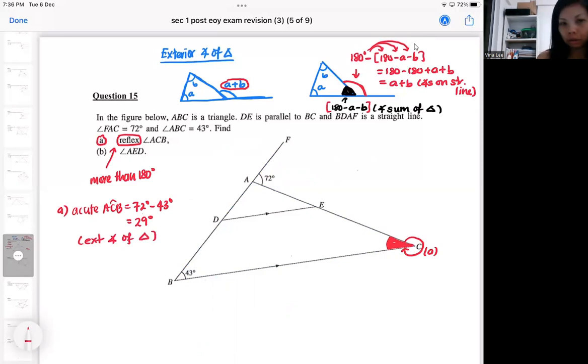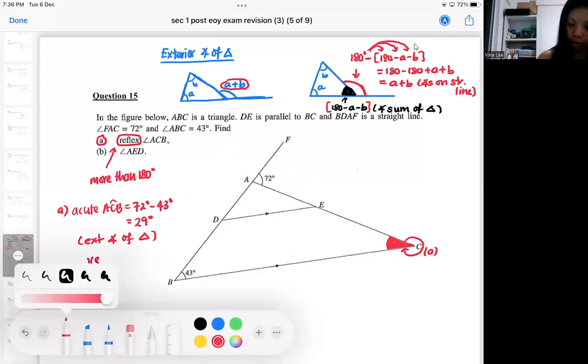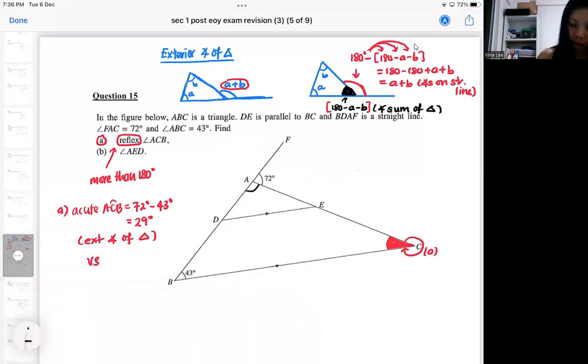So if you are not using that, you can do angle on a straight line first. So I'm going to be doing the angle on a straight line first. So I'm going to find BAC, which is 180 minus 72. So that one is angles on the straight line.